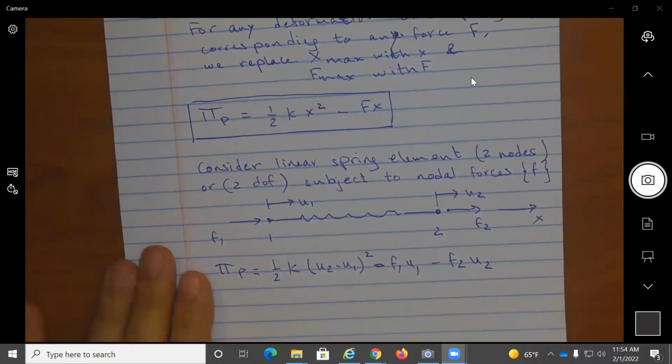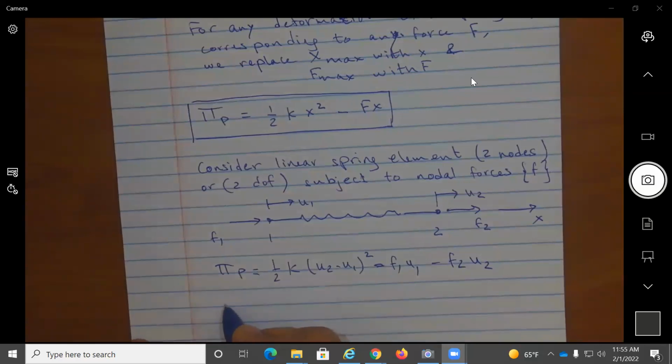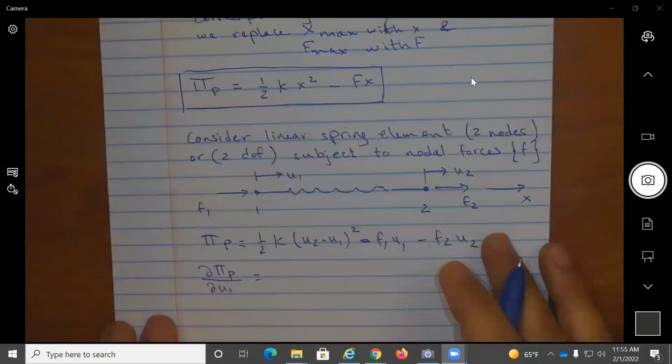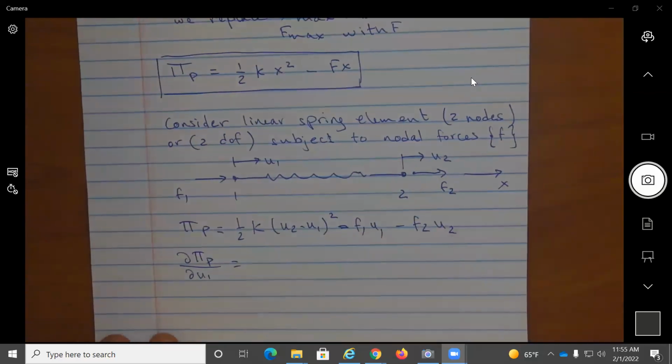So to minimize the total potential energy, we are going to take the derivative with respect to each nodal displacement. So I'm going to apply d pi p with respect to U1. From the diagram, both U1 and U2 are facing the same direction. Correct.